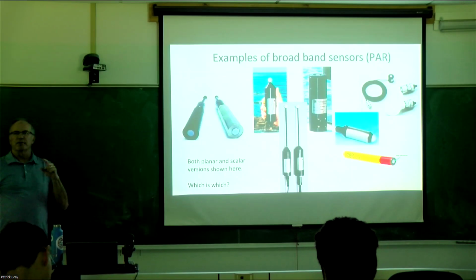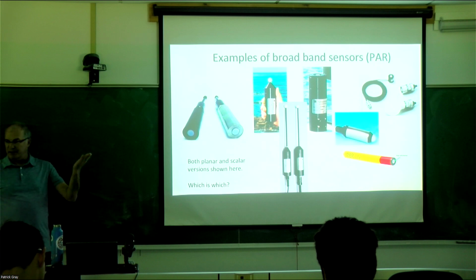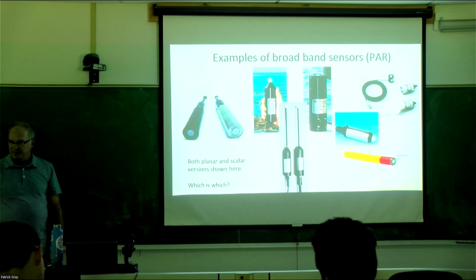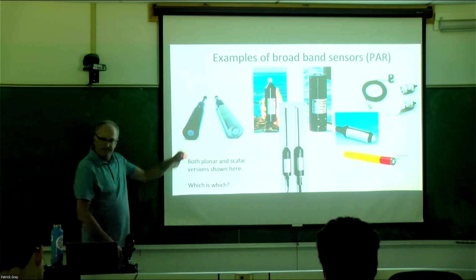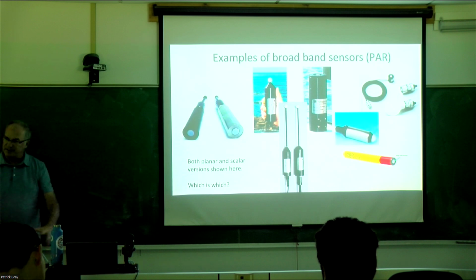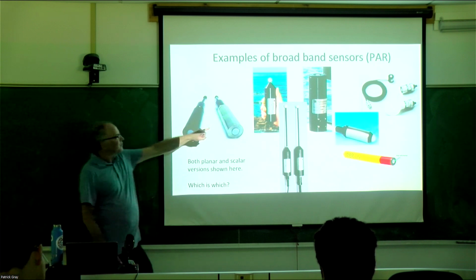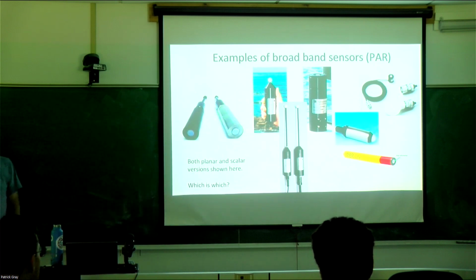Are you talking about the response function, or about which is going to be larger, planar or scalar radiance, in an upward direction? Remember, this whole measurement is being weighted by the cosine, so it has some directionality. This one, we're measuring in all different angles. Which one should be bigger? The scalar. Correct.